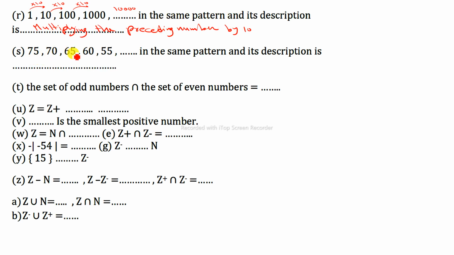75, 70, 65, 60, 55 in the same pattern. Here it is clearly minus 5, minus 5, and so on. 55 minus 5 is 50. What is the description?